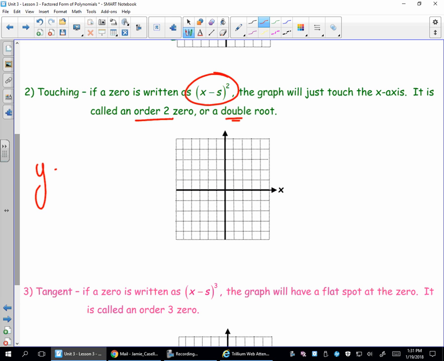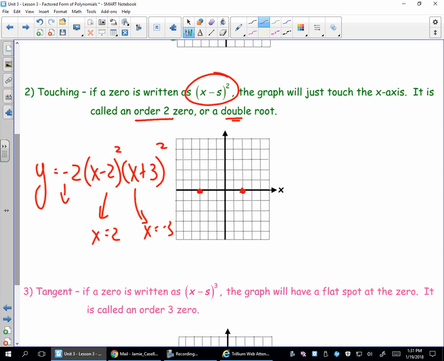So let's say I had an equation that looked like this. Okay, my zeros are still at 2 and -3. So here and here. My leading coefficient is a negative, so it's going down to the right.